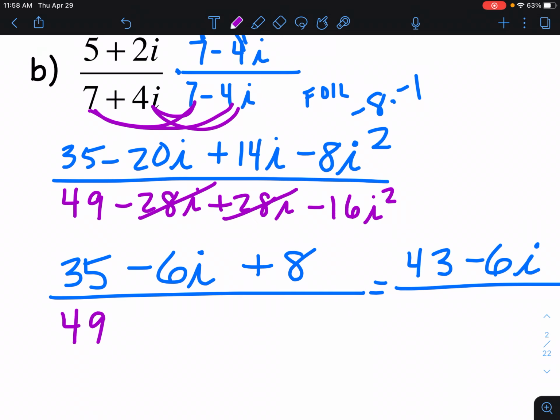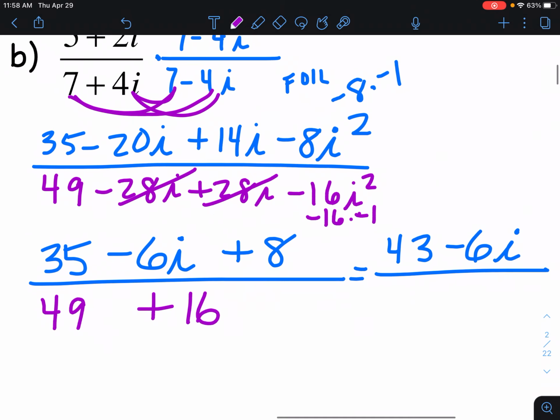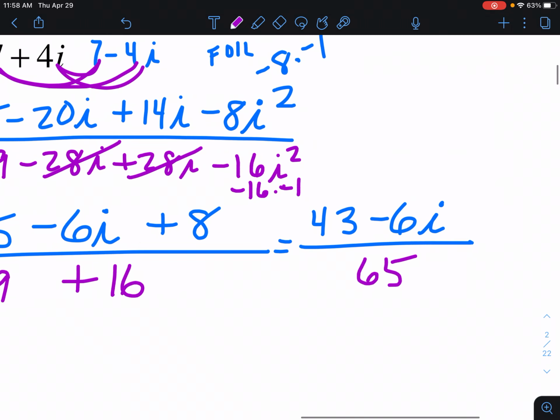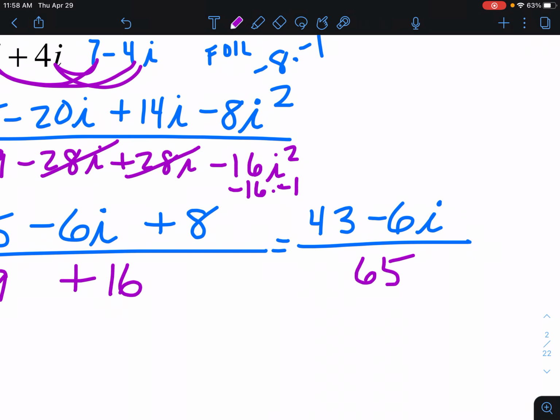And then minus 16i squared, that's minus 16 times negative 1 is plus 16. And then we're going to add 49 plus 16 to have 65. And then I look and I go, okay, can either of those numbers reduce with 65? No, they cannot. So there's my answer.